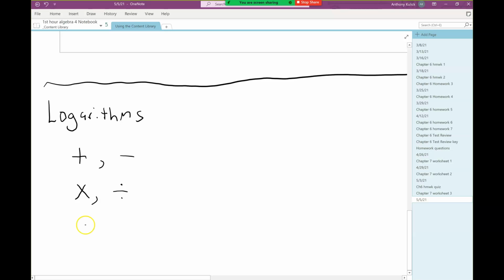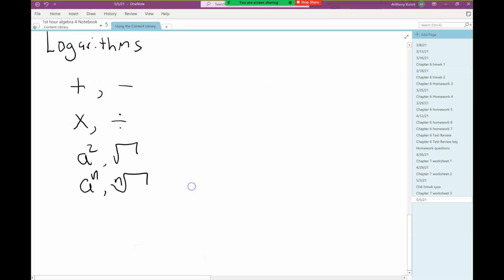What is the whole thing called again? You can always have radical functions and talk about exponential and logarithmic functions. Then we talked about specifically squaring and square roots, or more generally the nth power and an nth root.